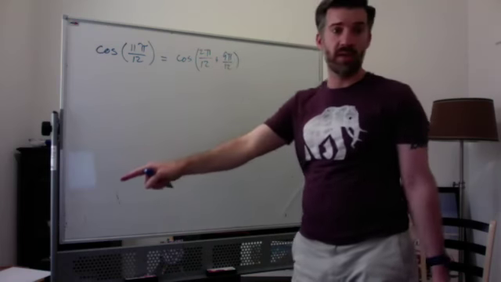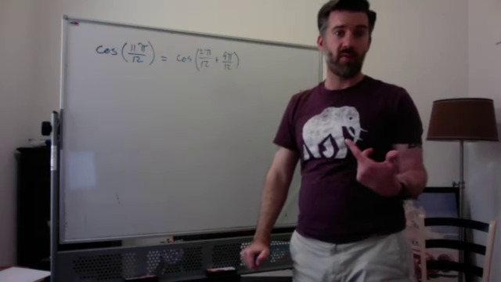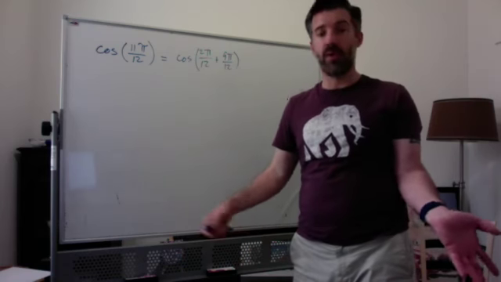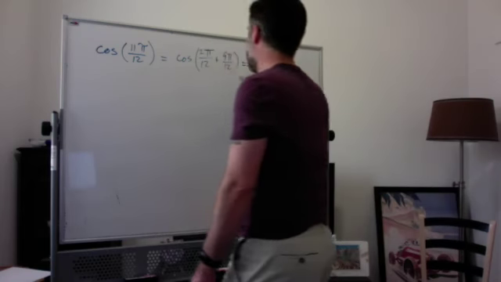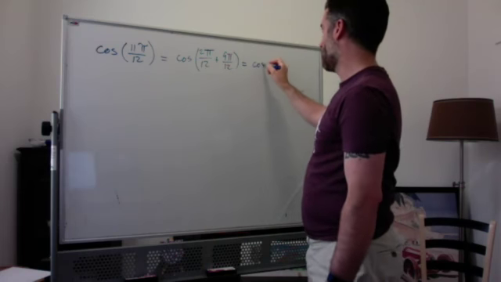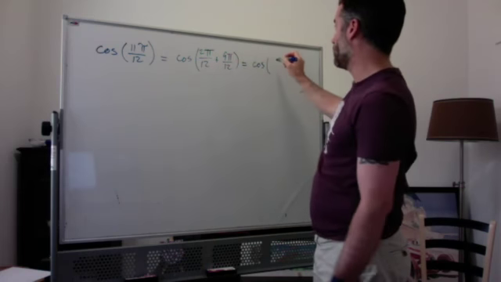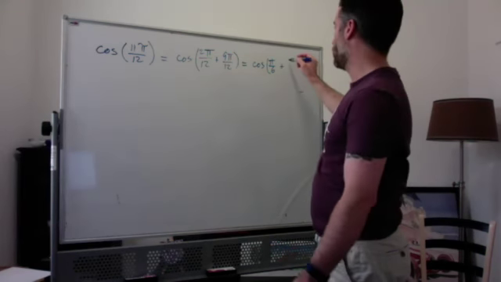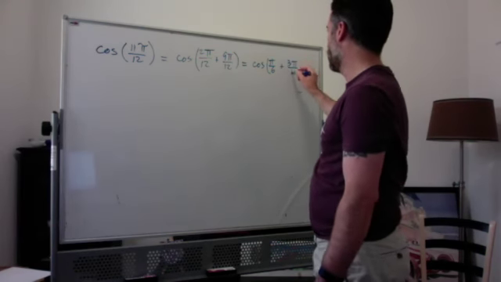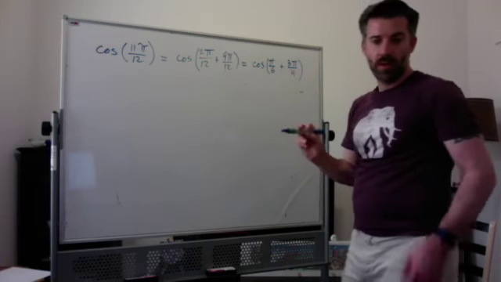Or in the solutions I wrote, you could do 3 pi over 12 plus 8 pi over 12. Both of them reduce. They're both valid ways of doing it. So this I can rewrite as cosine of 2 pi over 12 is pi over 6, and 9 pi over 12 is 3 pi over 4.